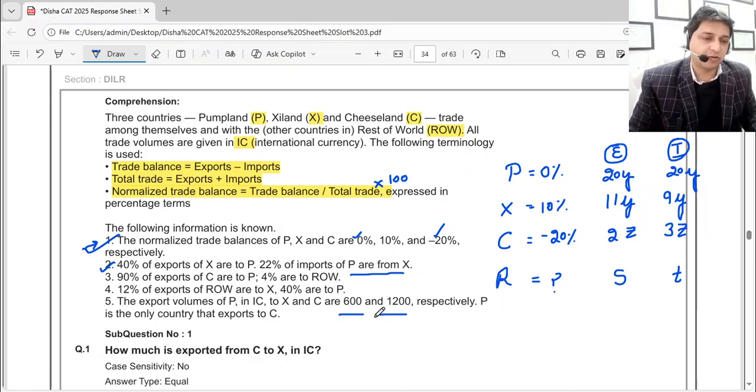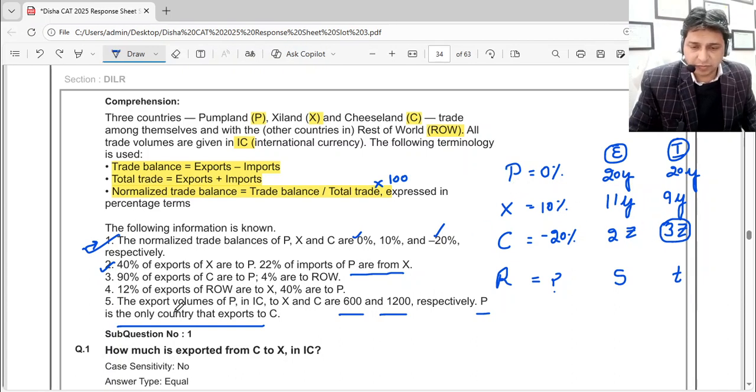So I can now try to find out the value of Y or Z, whatever I'm going to get. They also said P is the only country that exports to C. That means this complete import of C is from the country P. And that is given to us, from country P to C we get 1200. That means this 3Z is equal to 1200.